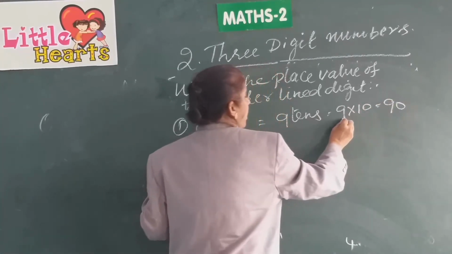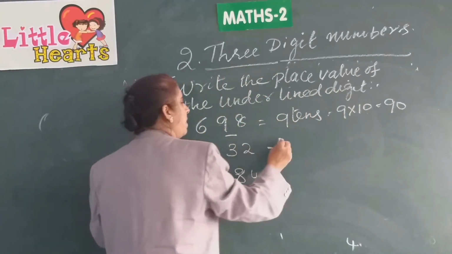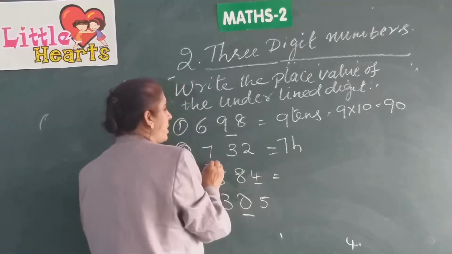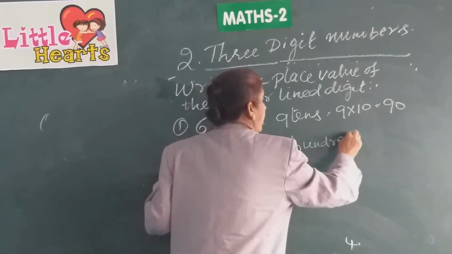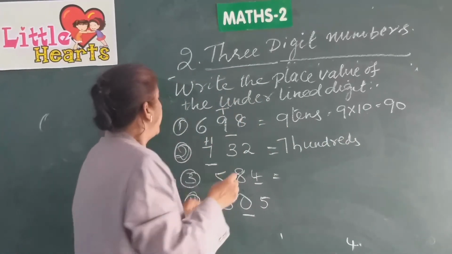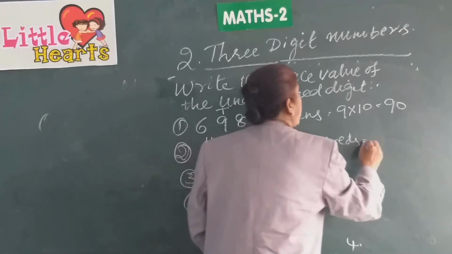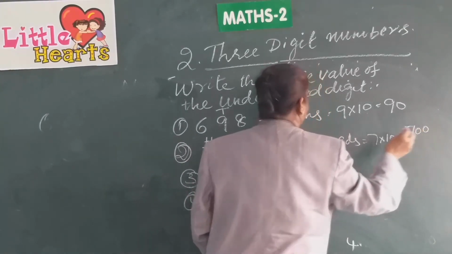The digit is multiplied by its place. And 7 in the hundreds. The place value of 7 in this number is 7 hundreds. 7 is in the hundreds place, 7 hundreds. 7 into 100, that is 700.